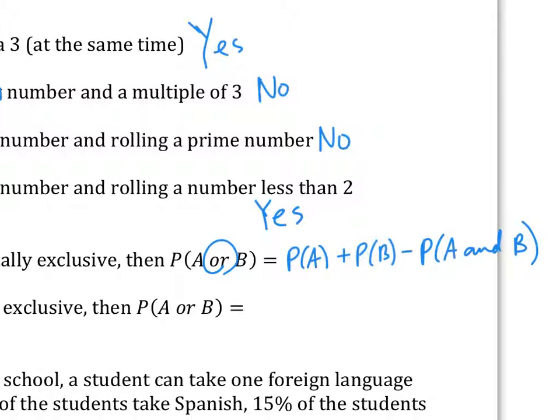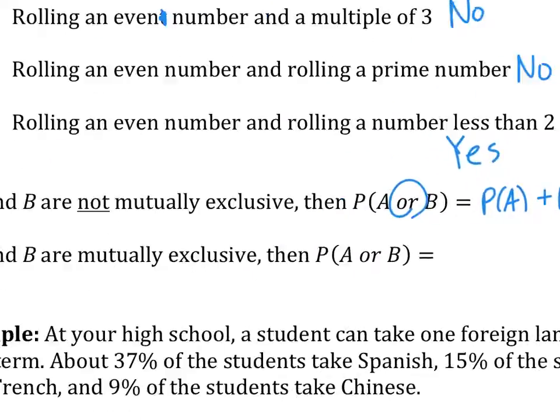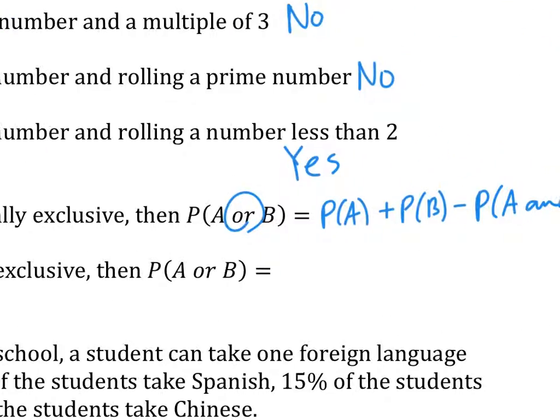So if there is something that is not mutually exclusive, meaning they can be both at the same time, you have to subtract it out because you're double counting it. Okay. So you add them together, then you subtract? I'll show you with an example. If they are mutually exclusive, then what you always do is just add them together because it cannot be both at the same time. This is much better explained when you actually see a problem.